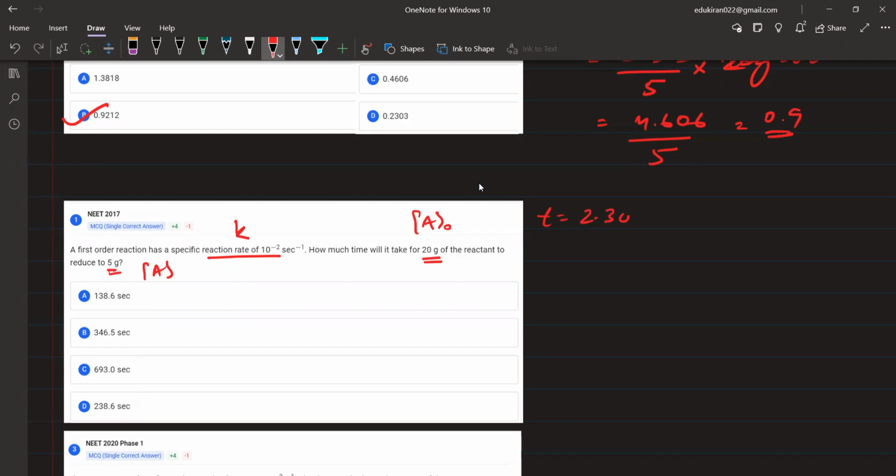Time will be equal to 2.303 divided by k, that is equal to 10 to the power -2, 10 to the power -2, log of a naught, which is 20 upon 5, so this is log 4.